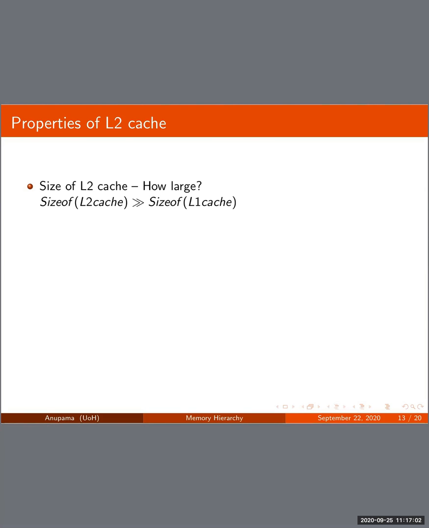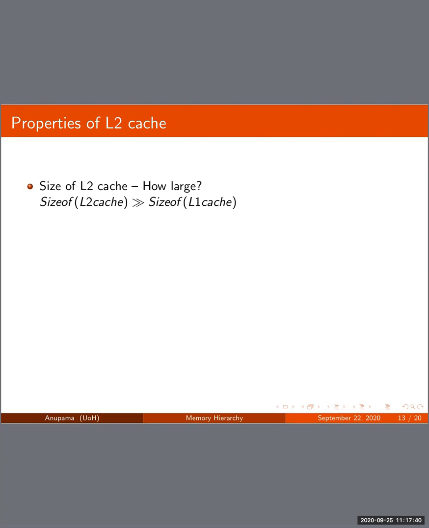Okay, I am putting up that size should be much bigger. The hit time is, of course, a factor. The hit time of L2 is obviously going to contribute to the miss penalty of L1, and therefore we would like it to be small, but more importantly, the miss rate has to be lower.